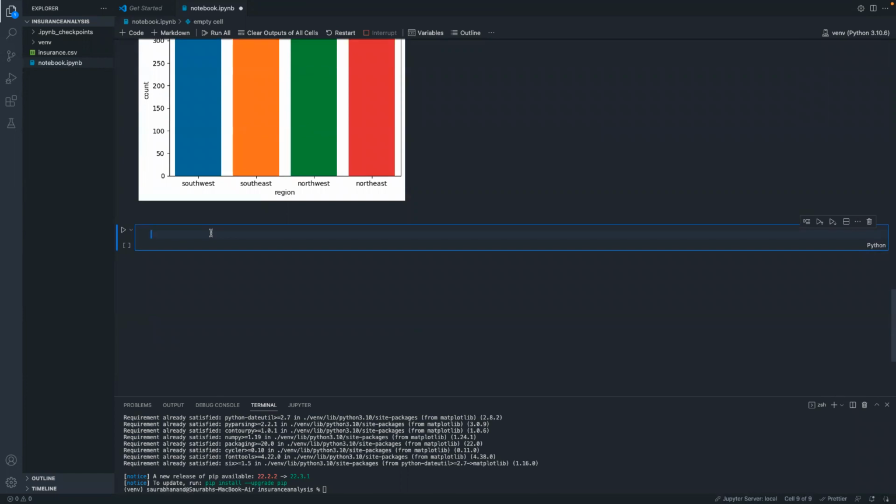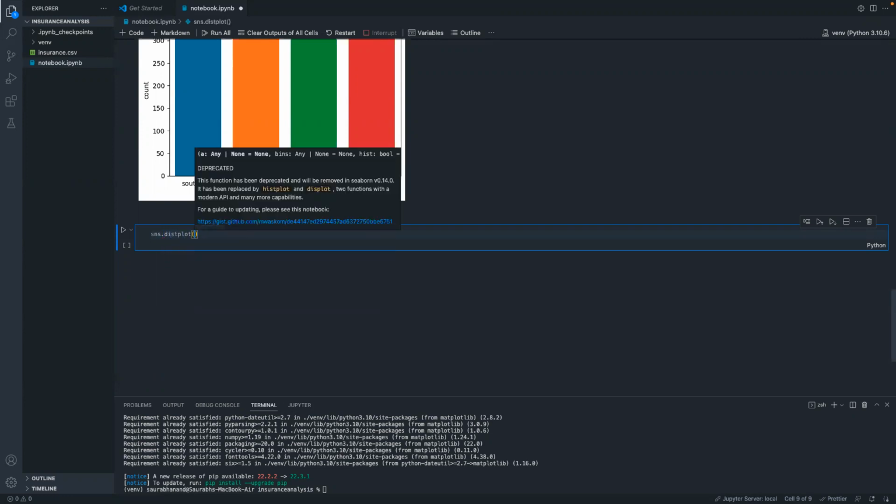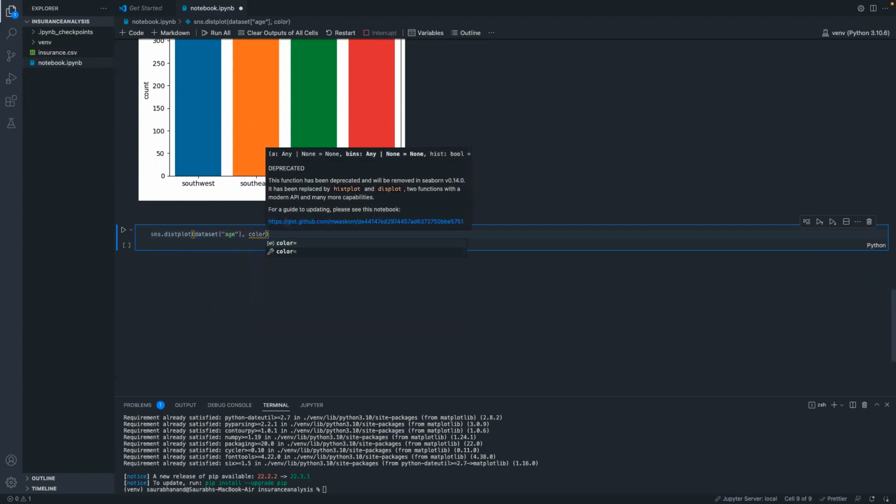For this, we will do a distribution plot in Seaborn, which basically allows you to see the overall distribution of the data set. So we'll run sns.distplot, and I'm going to put the data set's age here, and I'm going to put the color as green.